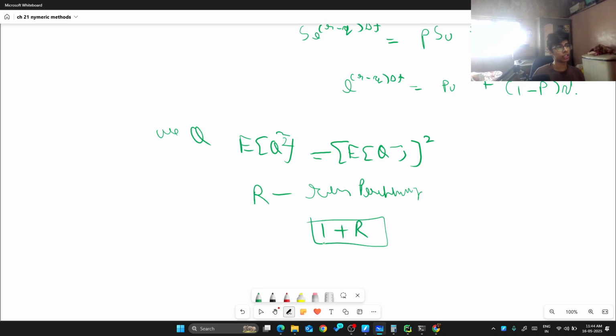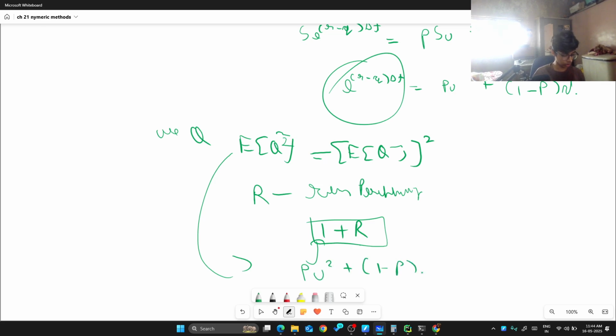Our total return on $1 of investment. So if we square our equation, we get p u square plus (1 minus p) d square minus e to the power 2(r minus q) delta t.